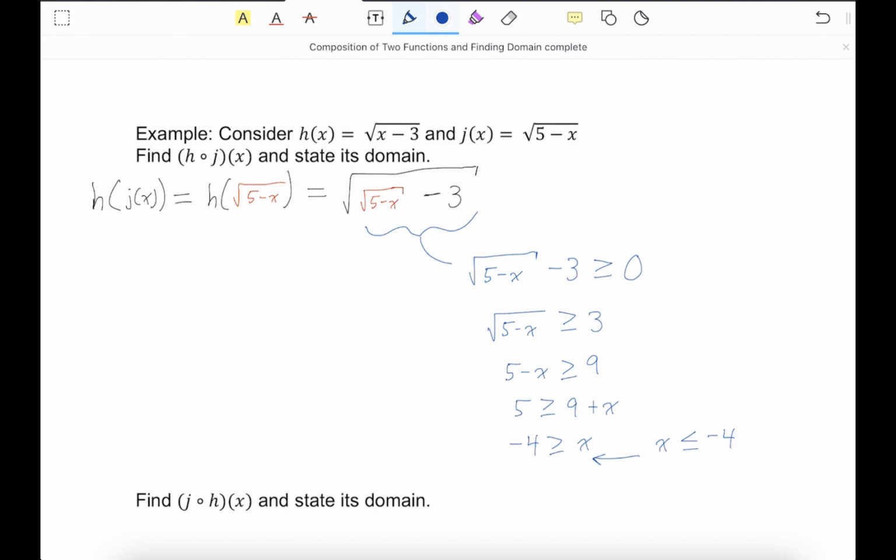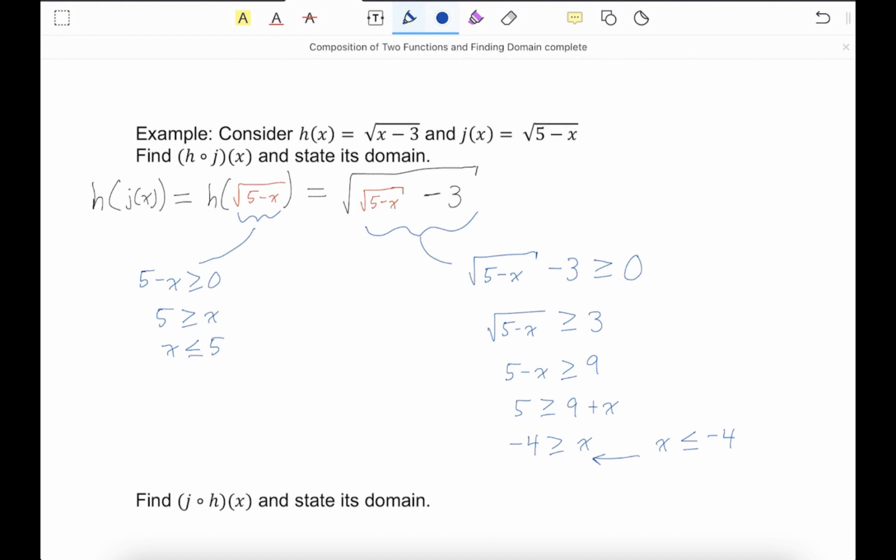For the other domain restriction, this one here, 5 minus x must be greater than or equal to 0. I'll add x to the other side. And this is the same as x is less than 5. But if x is less than negative 4, it's automatically less than 5.